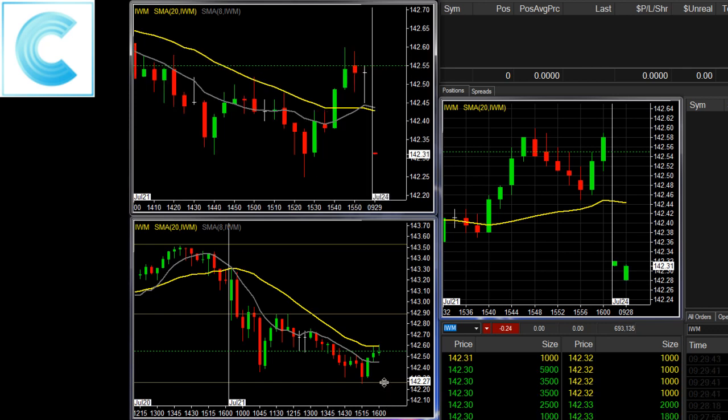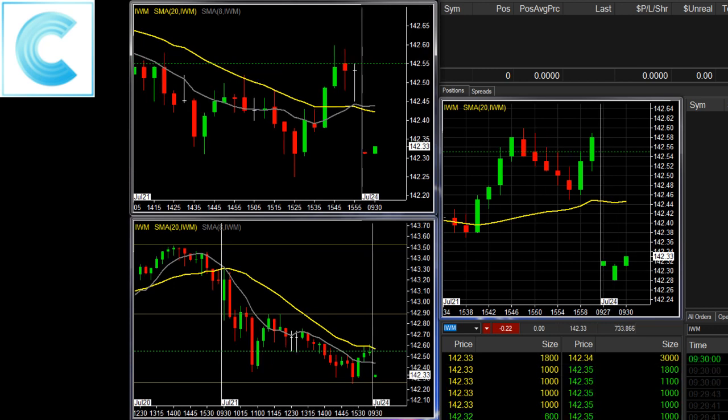Alternatively, if the 27s, this line here, gets broken and moves to the downside, of course, that would be an immediate short if the market perpetuates that. So let's see what's going on in the next few seconds, and we'll see what we can do.